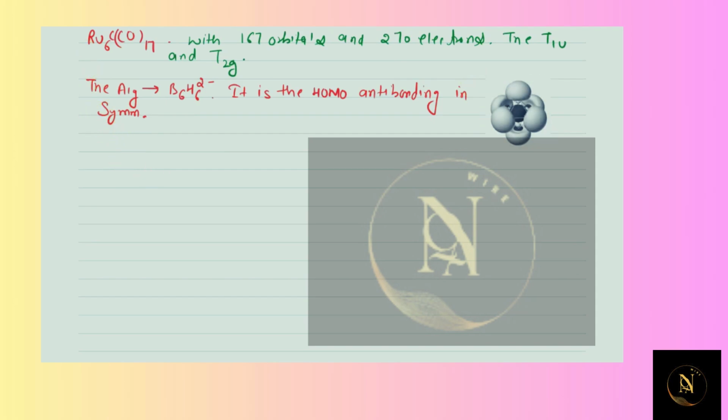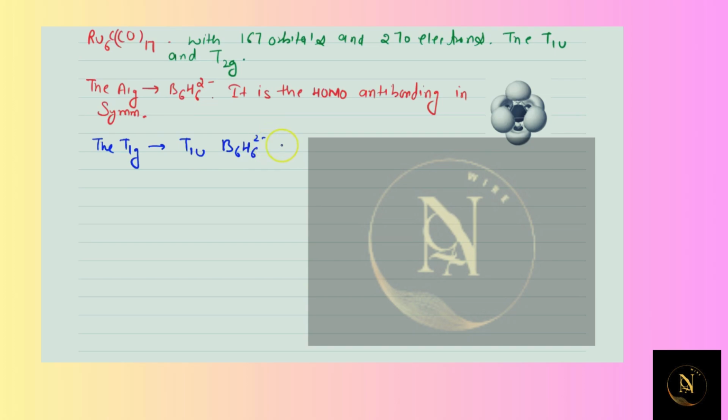For the second statement, the T1U orbital should also be similar to the T1U orbital of B6H6 2-.